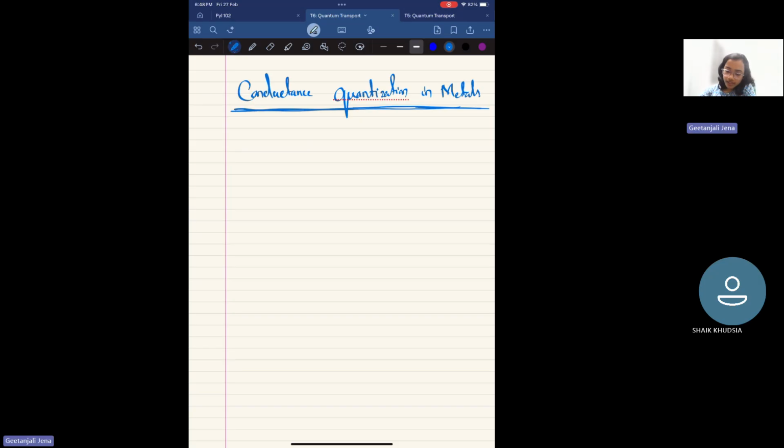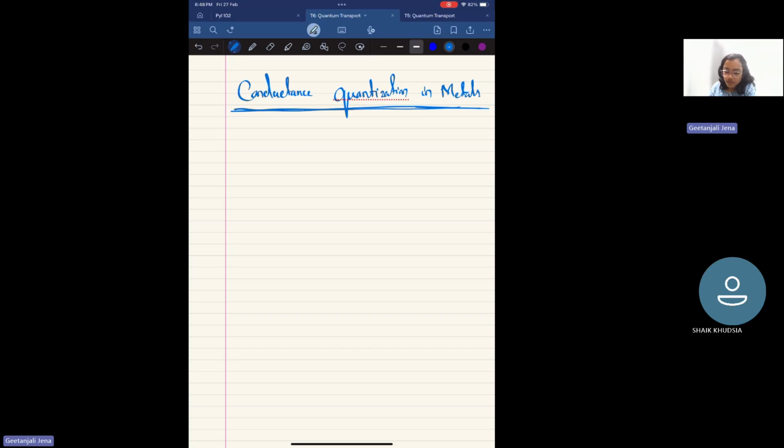As I said earlier, this conductance quantization is not particularly a case that we have seen only in the 2D electron gas. We can see a similar effect in other materials like metal. So the point is, in what dimension can we see the same effect for the metal that we have seen in the semiconductor?